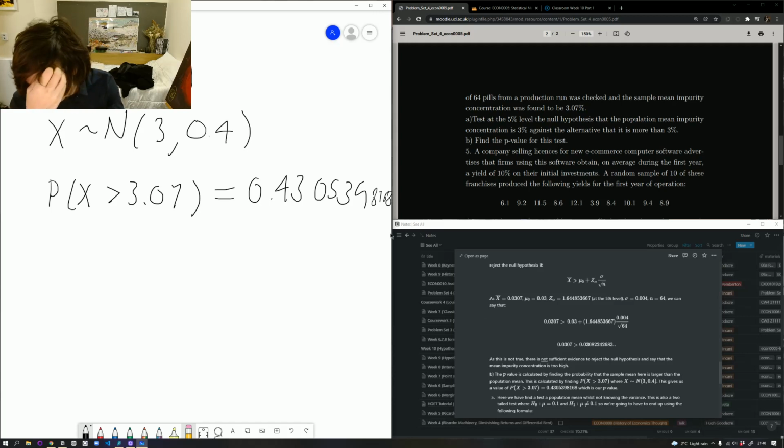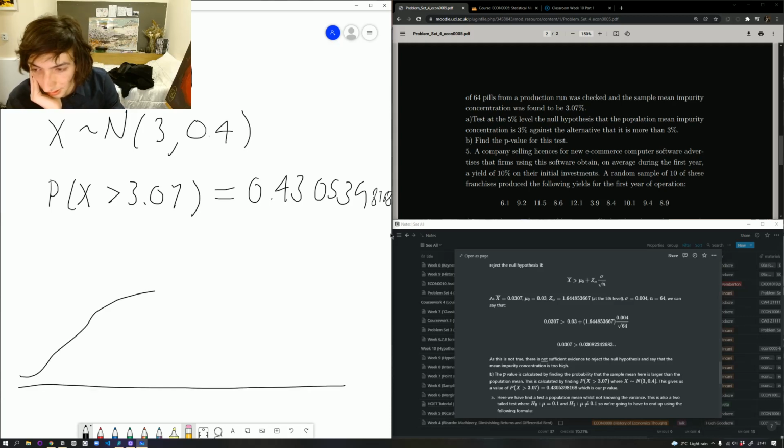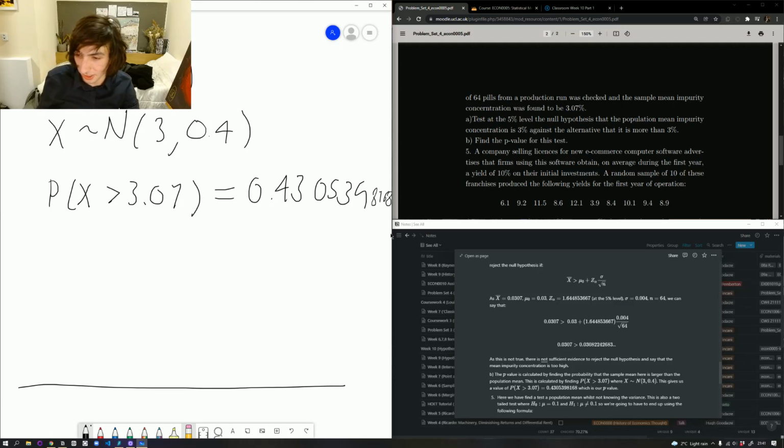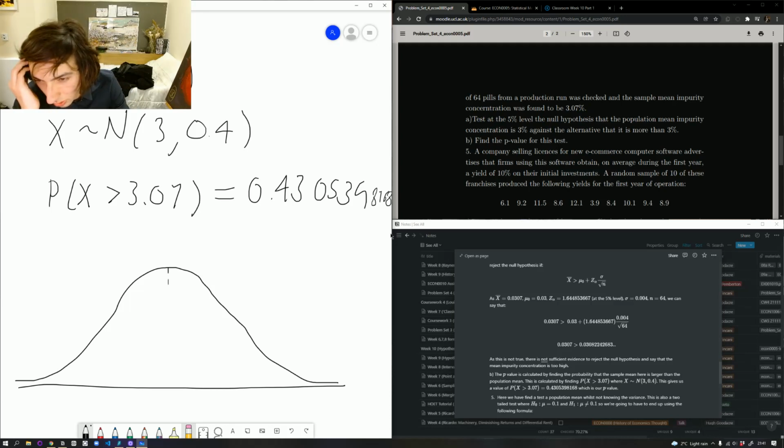It's roughly a 43% chance that it's going to be larger. What a shock, right? But it's actually quite possible. Imagine a normal distribution like this, with 3 right here and 3.07 right here.